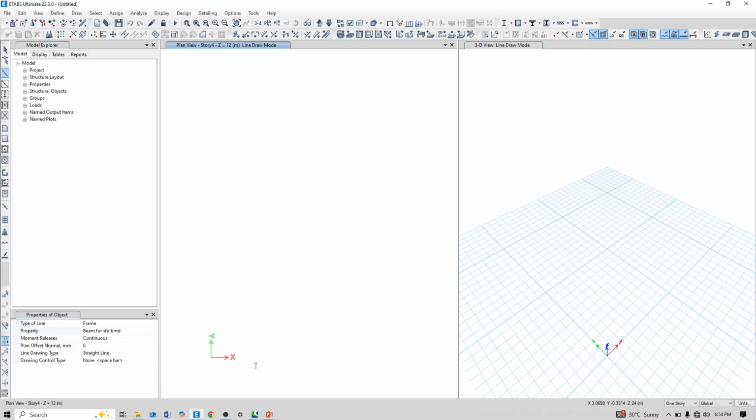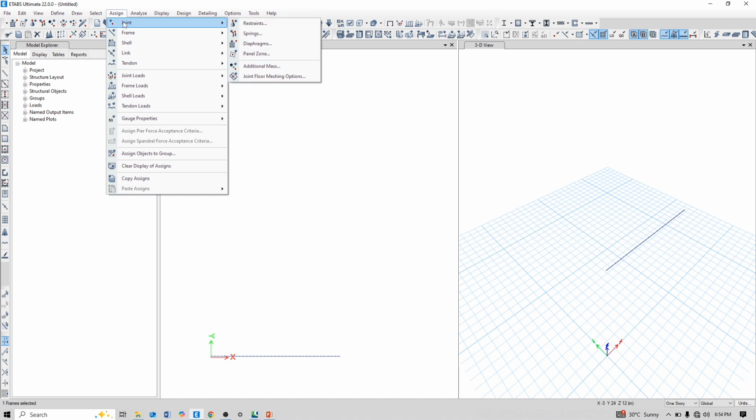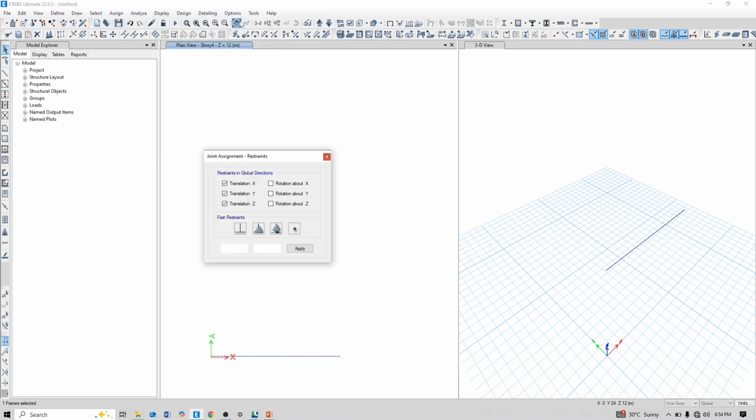Now our beam is 10 meter, so this is 10 meter. Select this beam, go to assign joint, restrain in XYZ direction.